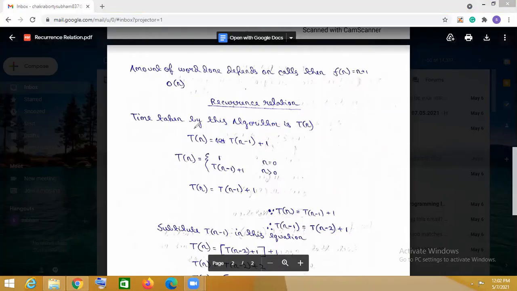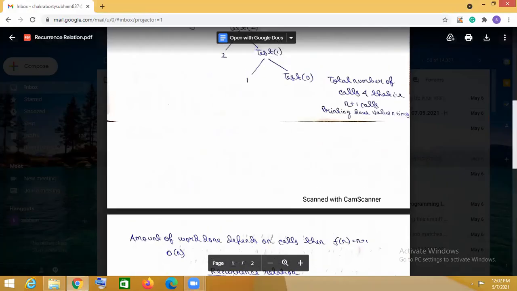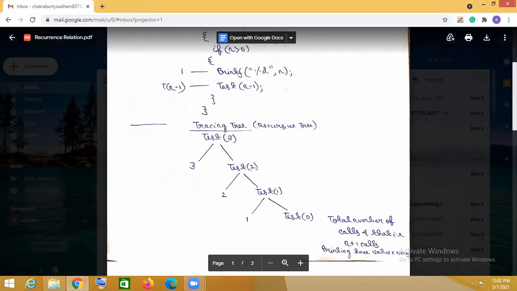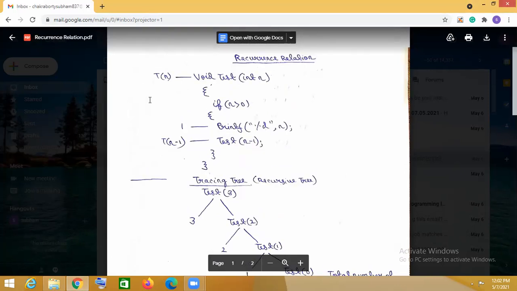The total time taken by the whole algorithm is T of n. If we add this total, this is our whole function. Tn is the value of the total function. That's why it will be T of n.